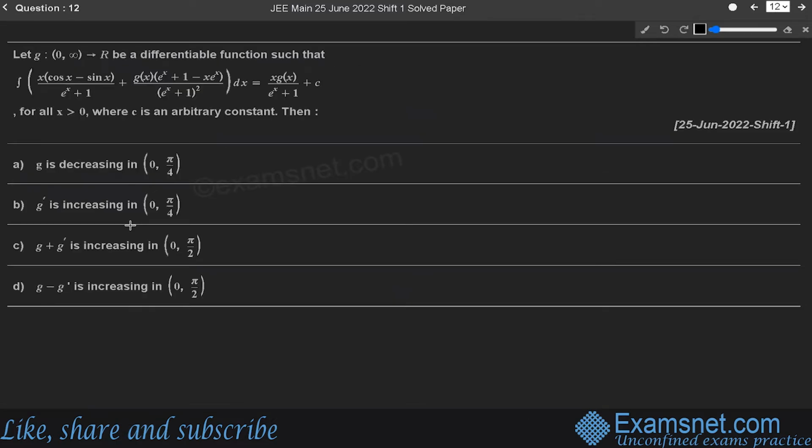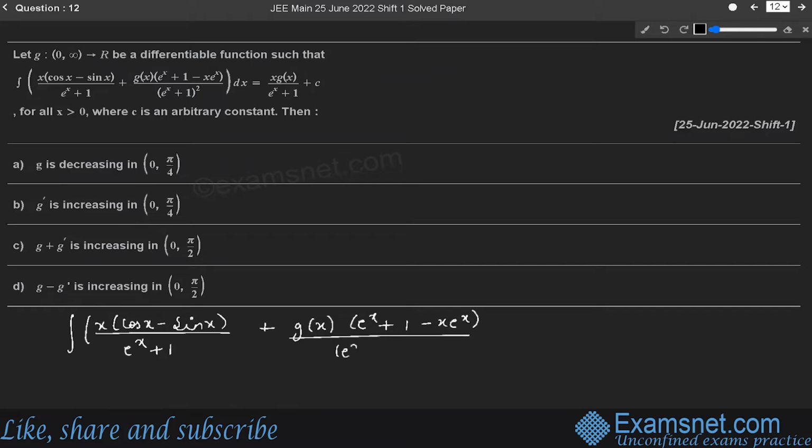Next question is, let g from (0, infinity) to R be a differentiable function such that the integral of [x cos x minus sin x] divided by [e^x plus 1] plus g of x into [e^x plus 1 minus x into e^x] divided by [e^x plus 1] whole square dx is equal to x into g of x divided by [e^x plus 1] plus c.